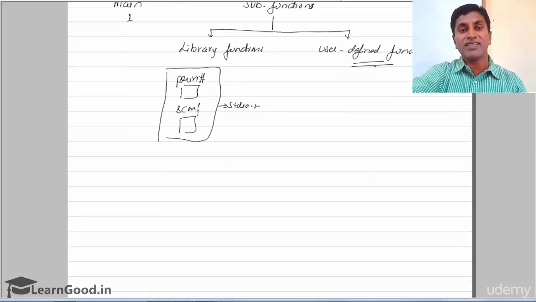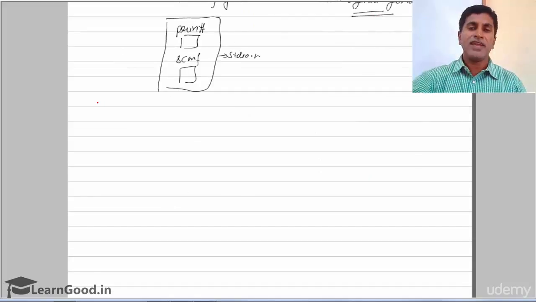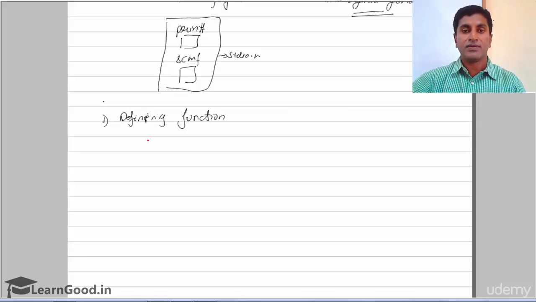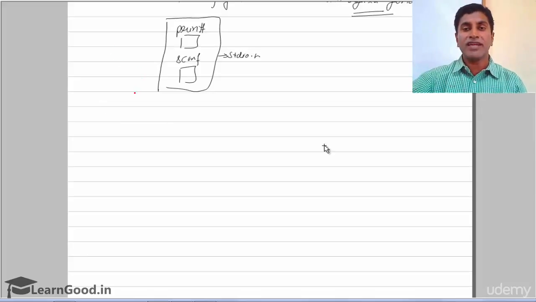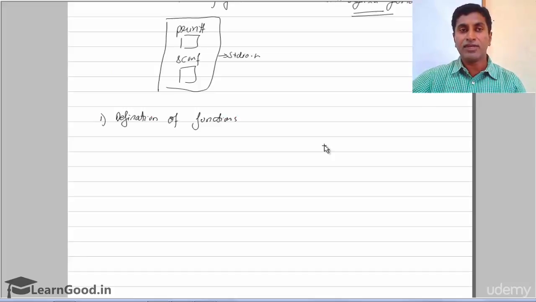Now, what is the syntax of writing a function? Whenever you write a function, there are three things involved. The first is the definition of a function, that is, defining a function.